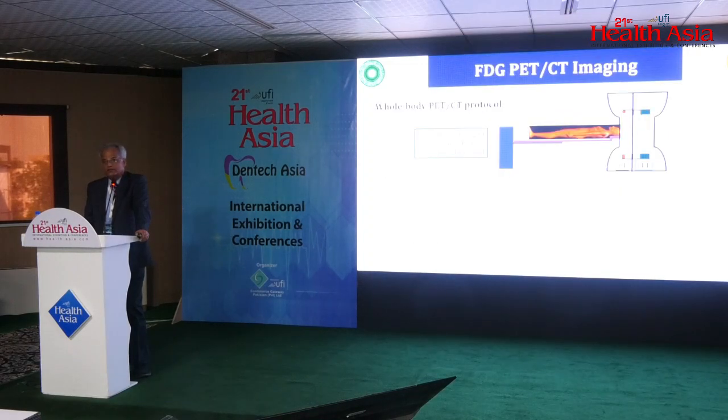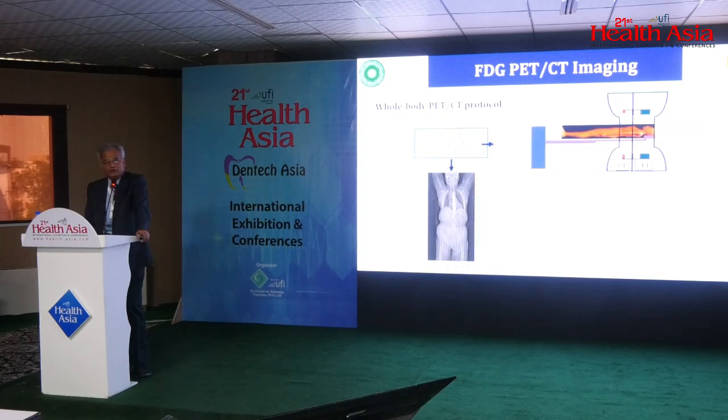This slide briefly shows, for the residents and others who are not familiar, how the FDG PET-CT is performed. After 6 hours of fasting, when the fasting blood glucose level is less than 200, intravenous injection of the FDG is given, and then the patient is asked to stay in a calm and quiet room, and after at least 60 minutes of uptake time, the patient is scanned under a PET-CT scanner.